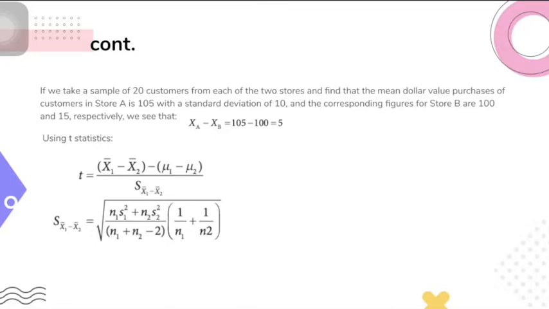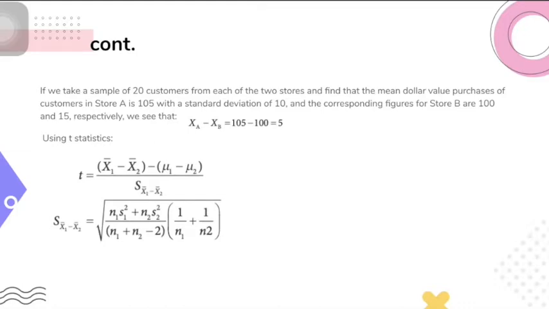It means that the result of the t value, whether it's below or above the critical value, will definitely result in a different outcome and a different conclusion.